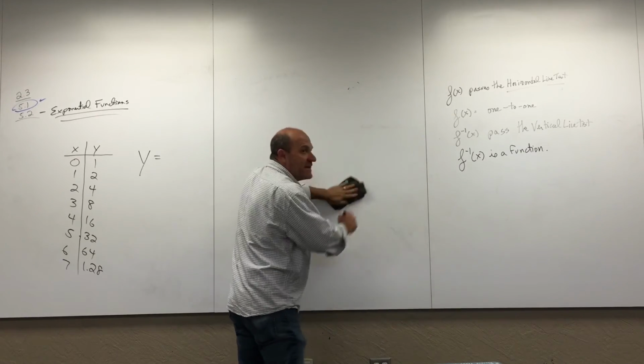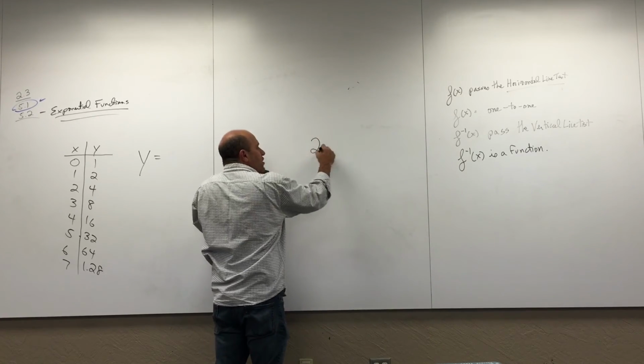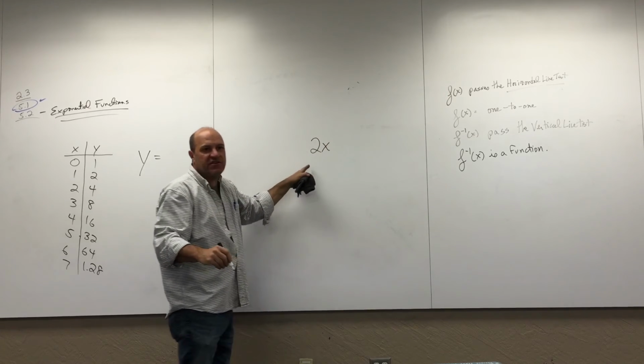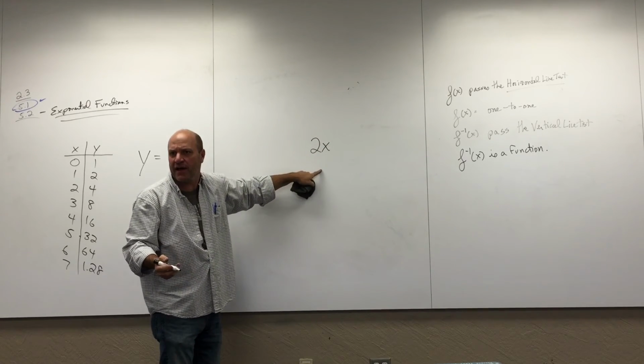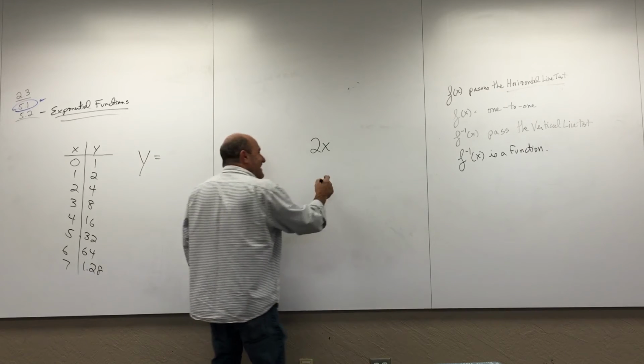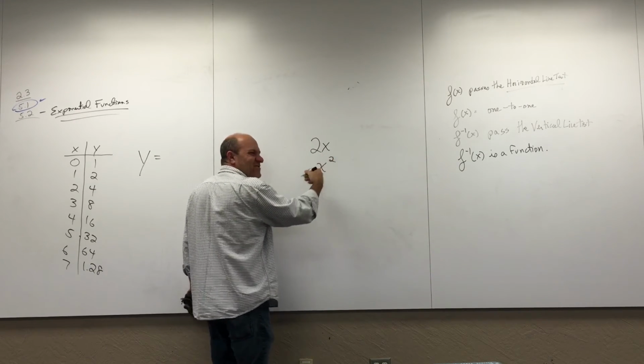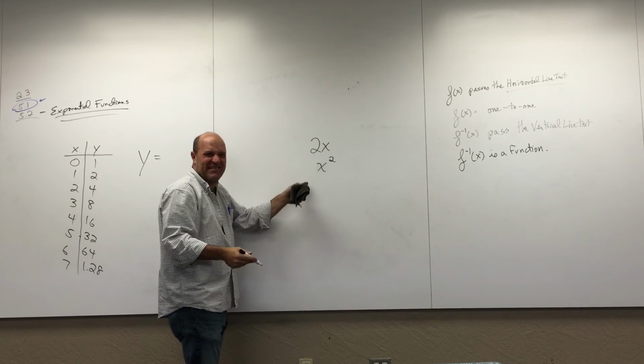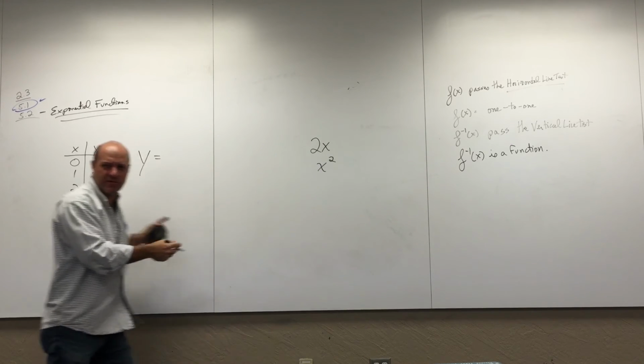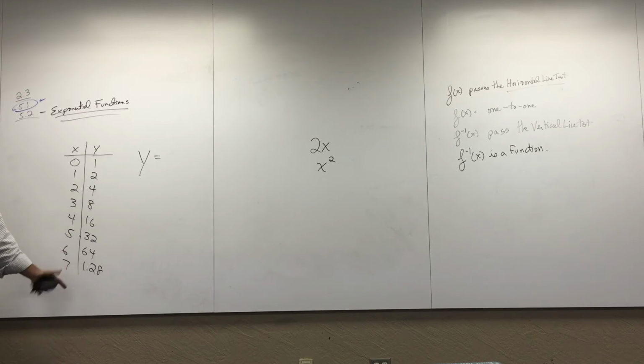Listen, I hear you guys talking. I appreciate your input. You are doubling my pay, but 2 times x is not the answer. Is it e to the x? Well, it's not e, and it's not x squared. These are all good guesses, but they're not the answer, especially if you look at these numbers. Something double.